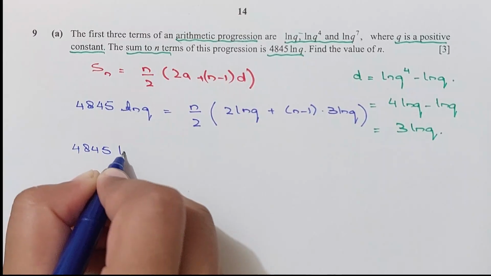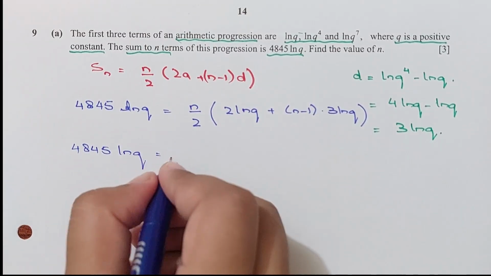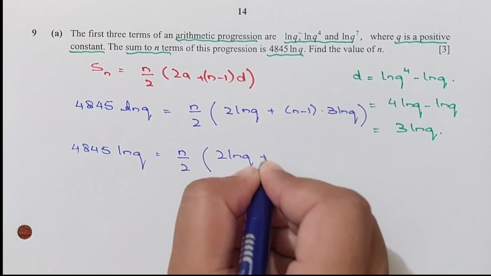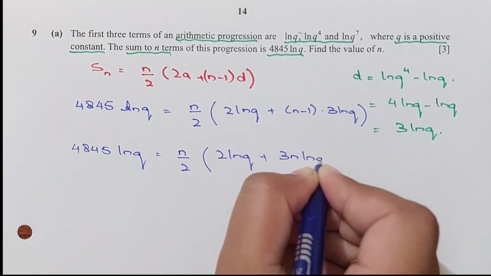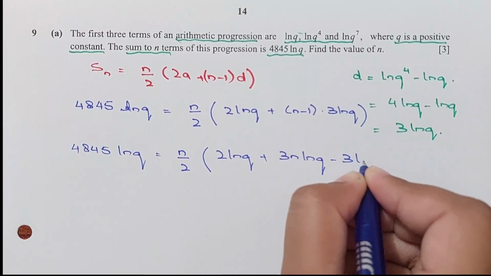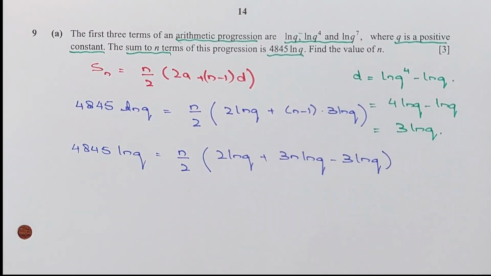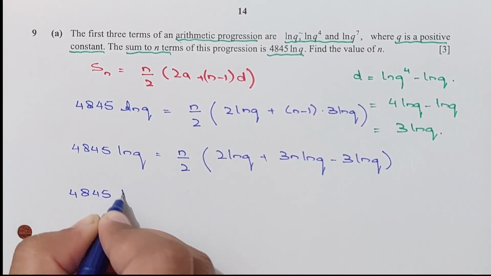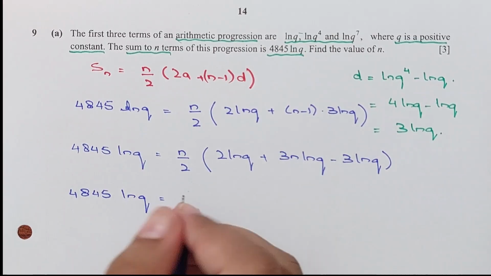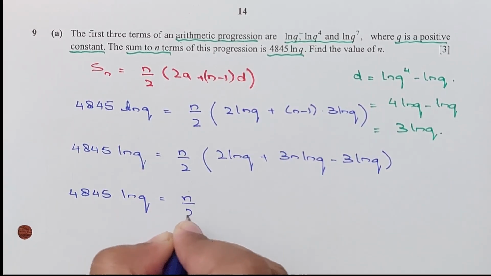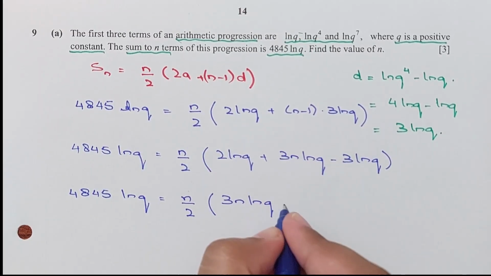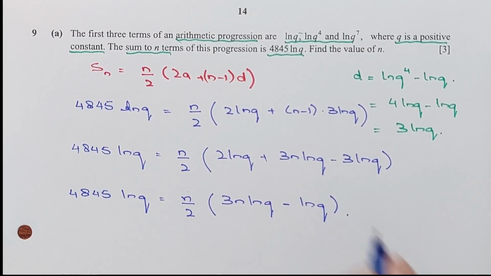So 4845 ln q equals n by 2 times (2 ln q plus 3 ln q multiplied with (n minus 1)). Further simplification: 4845 ln q equals n by 2 outside, which is n by 2 times (3n ln q minus ln q), since 2 minus 3 is minus 1.